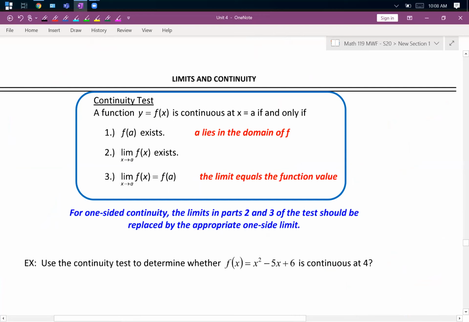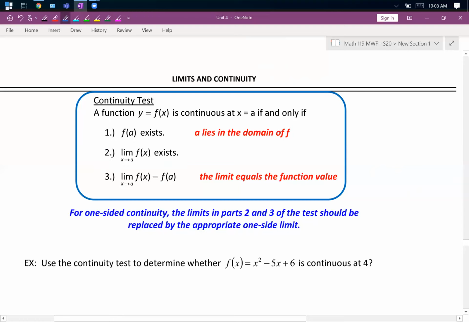First, f of a has to exist. Second, the limit as x approaches a of f of x has to exist. And thirdly, those first two things have to be equal to each other. So that first part of the graph where people were having trouble on why it didn't exist, it failed part 2 of the test. The limit itself did not exist.